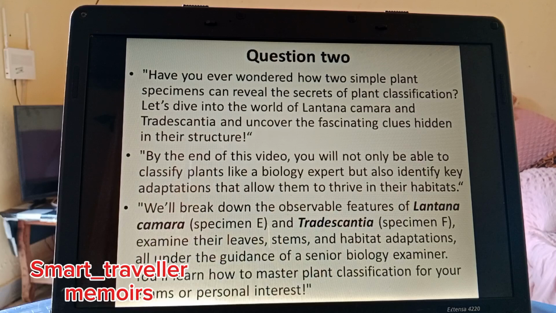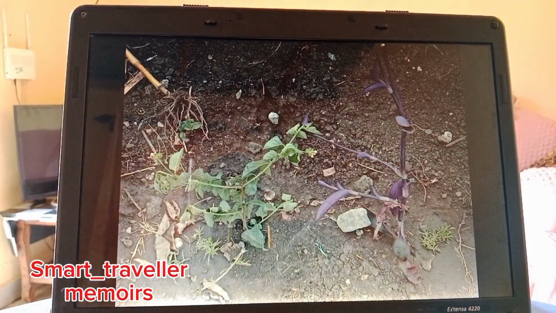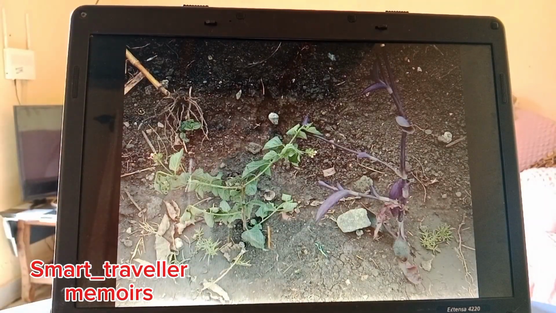You will learn how to master plant classification for your exams or personal interests. So, that is E and F. E is Lantana camara, which is on your left, and on the right is the Tradescantia, which is your F.